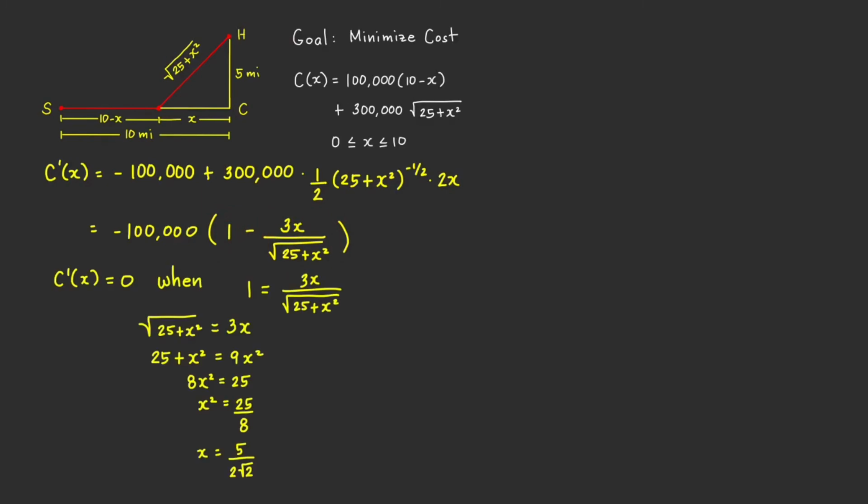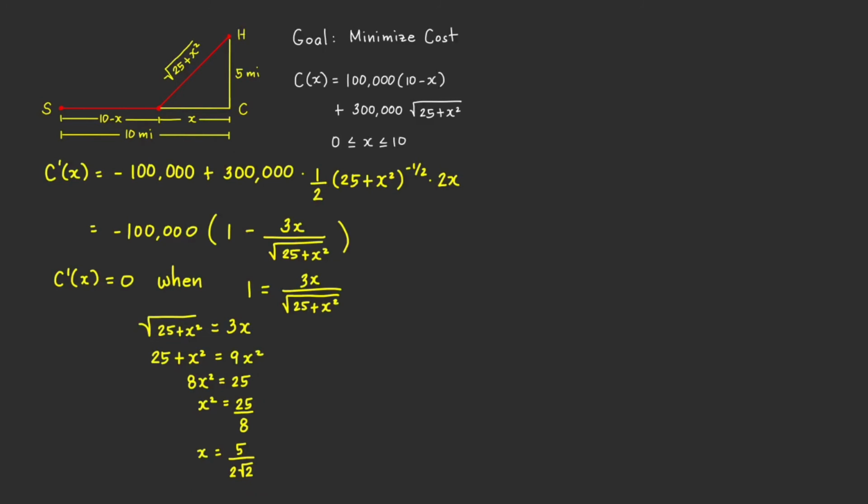So we have 1 equal to that expression, we cross multiply and get this expression, and square both sides to get 25 plus x squared equal to 9x squared. Then 9x squared minus x squared gives 8x squared equal to 25. Dividing both sides by 8 and taking the square root of both sides, we get x equal to 5 over 2 square root of 2.